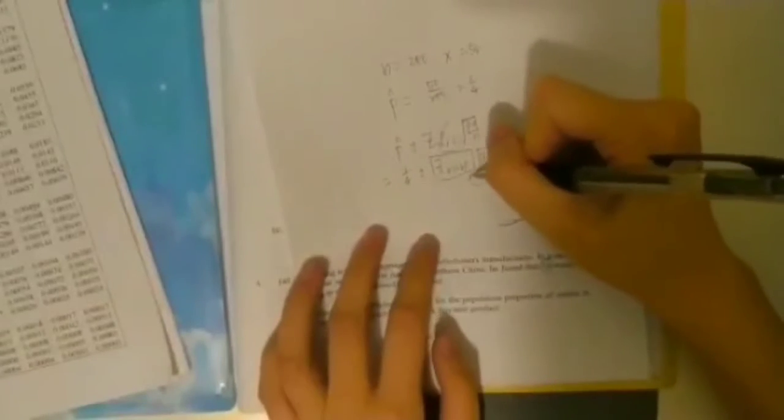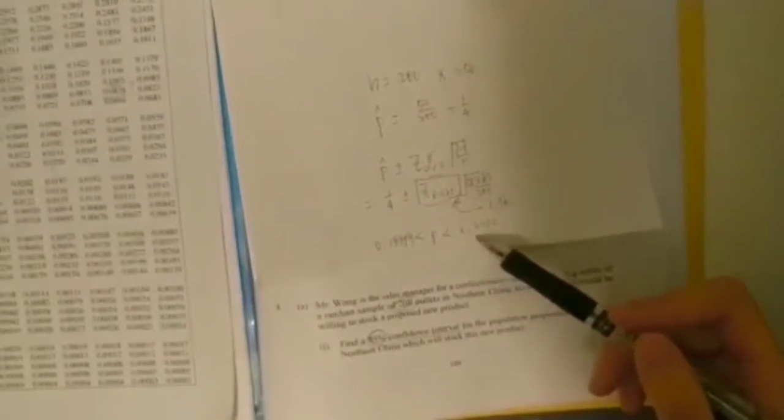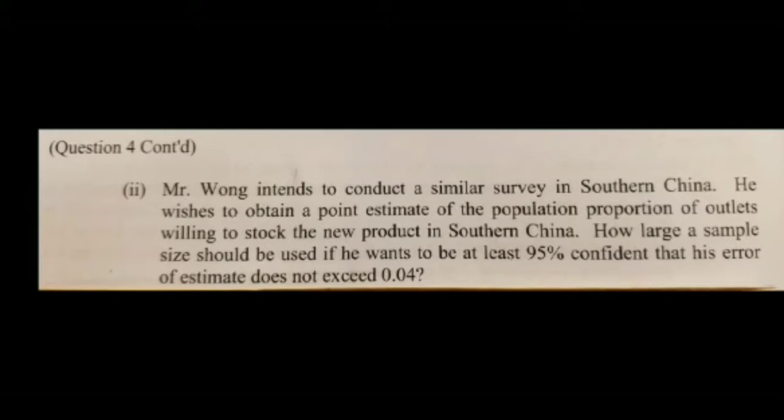We need to find Z 0.025, so we use this table and find that it is 1.96. The calculation is done. We can find that P is between 0.18999 and 0.3800.